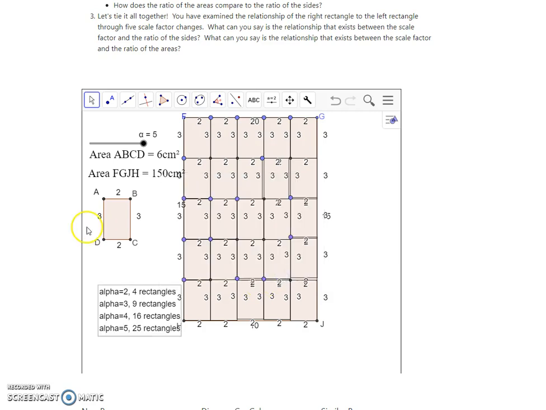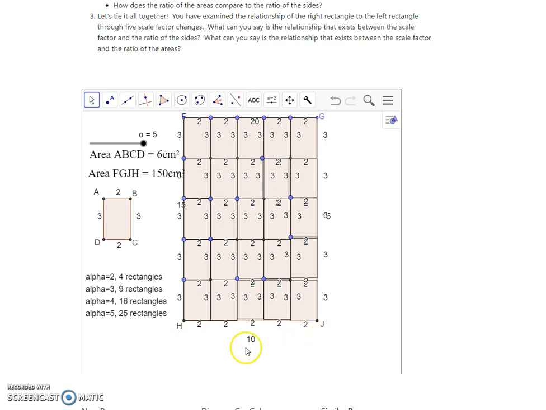So let's do some looking here. If I look at my side, so alpha of 5, so side of 2, I can see that the length from H to J is 10. Side of 3, from F to H is 15, because it's 5 times the length of each side.